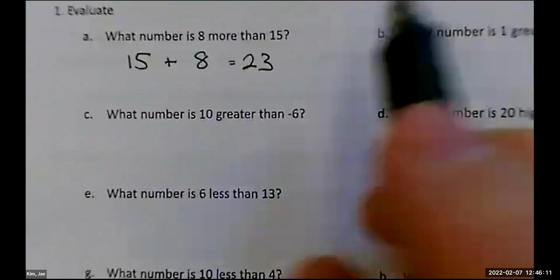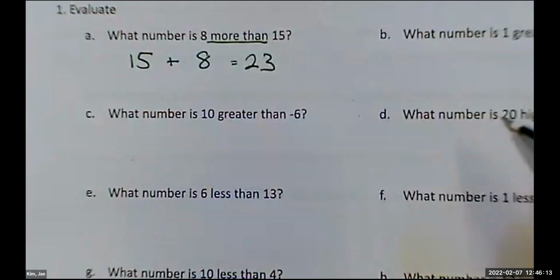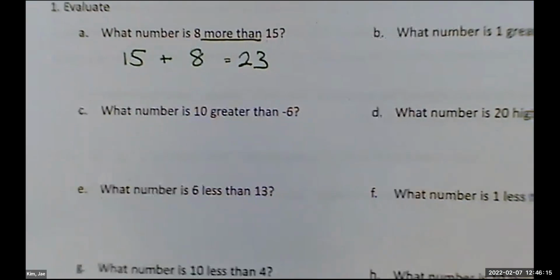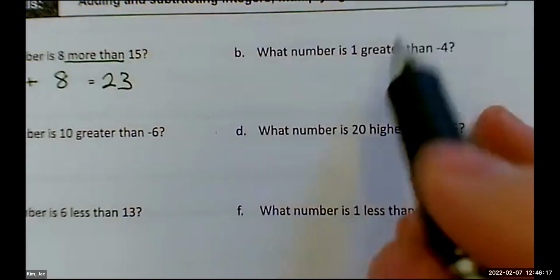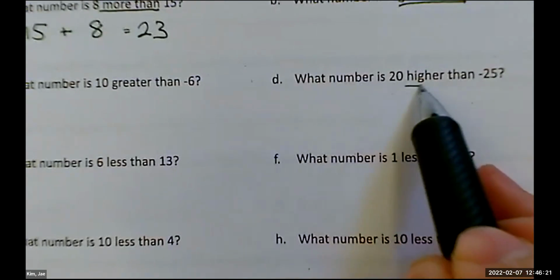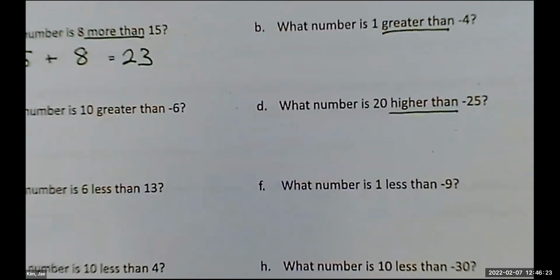Again, same idea. Before it was more than. It's just plain English. I could rewrite that as greater than. I can rewrite that as higher than, depending on the situation. If I'm talking about how high is a cliff or how high is a cart in a Ferris wheel or how high is a roller coaster, it makes sense.